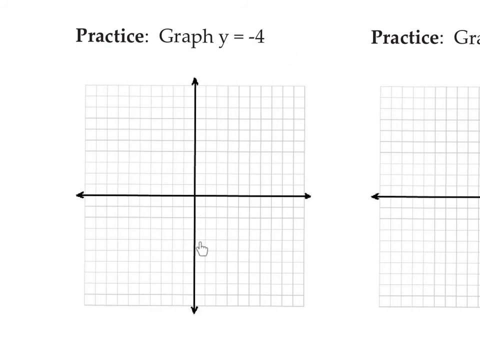So we're going to go down the y-axis where y is -4 and make a horizontal line here. 1, 2, 3, 4. This is the graph of y equals -4. The slope, indicated by little letter m, is 0.